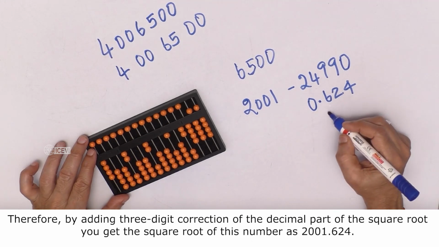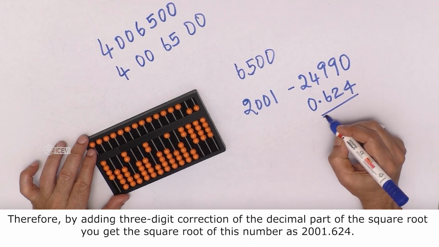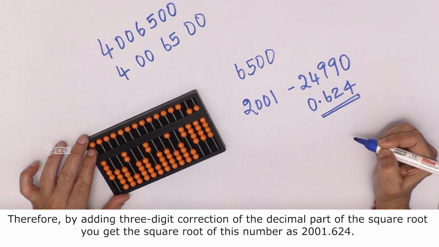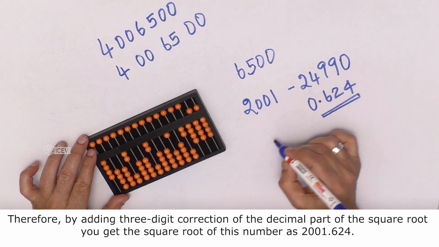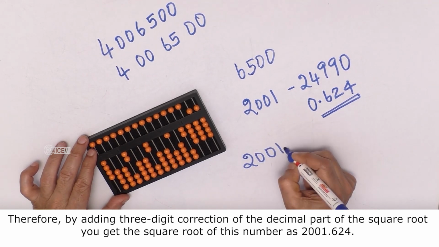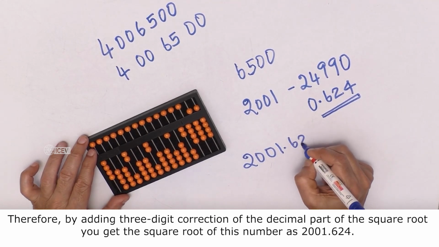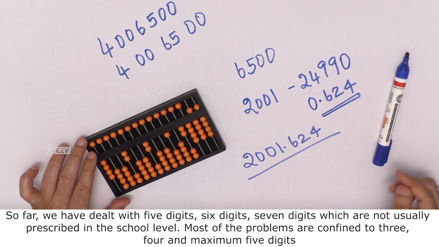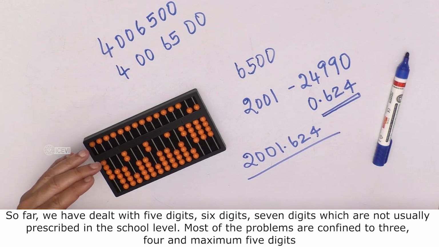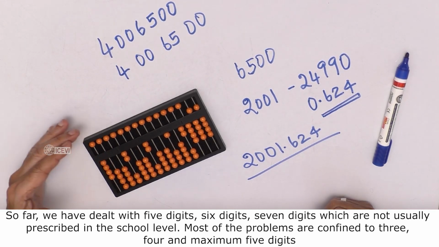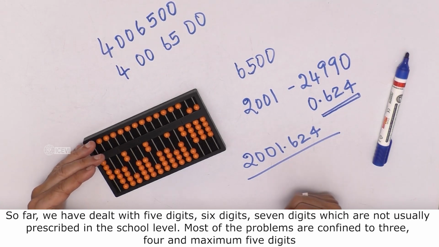Therefore, by adding the 3-digit correction of the decimal part of the square root, you get the square root of this number as 2001.624.